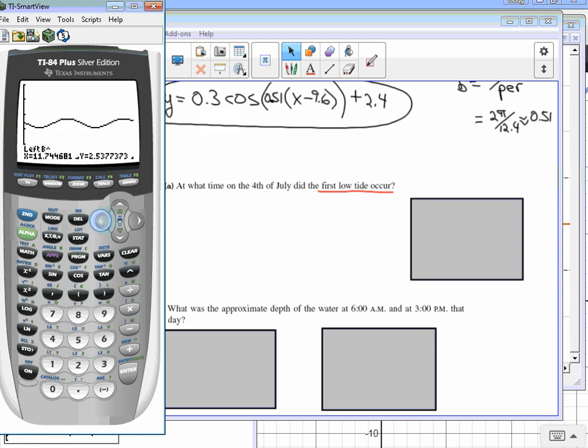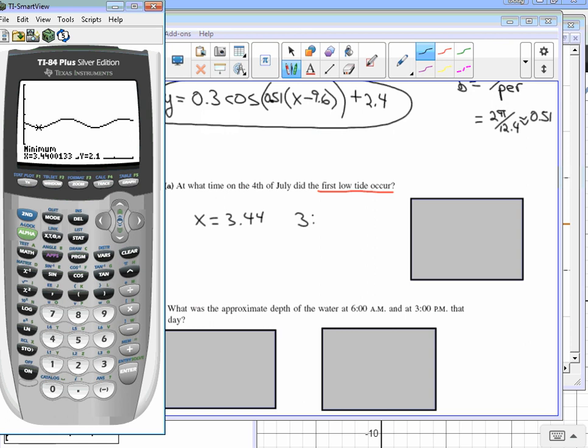And my left bound on that minimum is going to be 0. And my right bound is going to be 9 because it was high tide there. My guess is 4. It'll find it for me. There it is. Minimum occurred at 3.44. Now, x equals 3.44 is at what time? This is 0.44 of 60. What's 0.44 times 60?